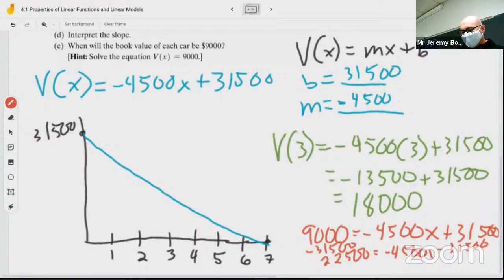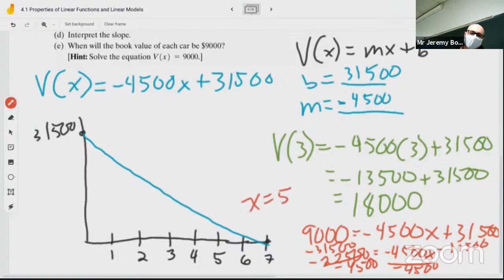And we're going to divide both sides by negative 4,500. Oh, this was a negative here. What we get is x is equal to 5.